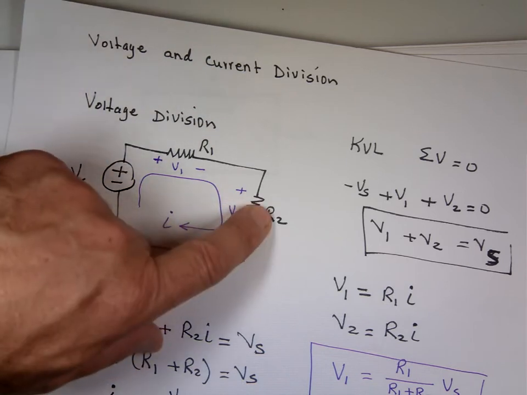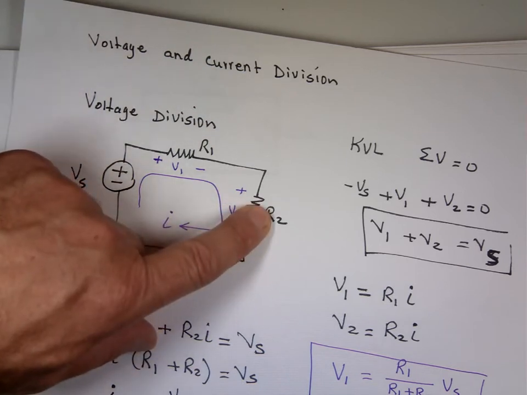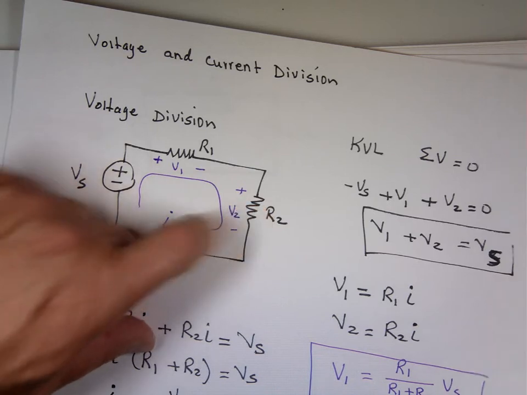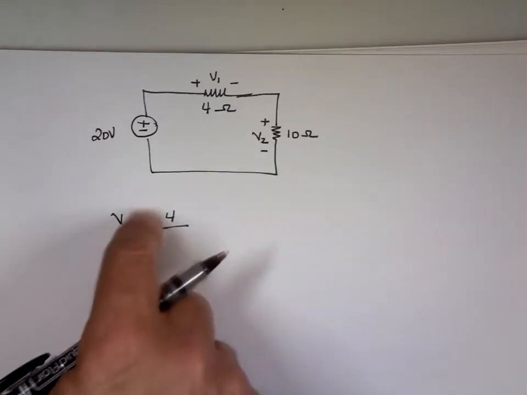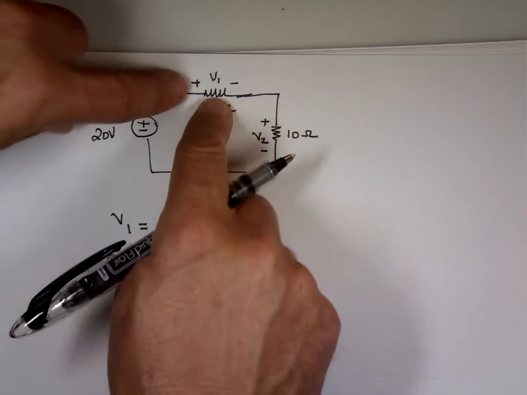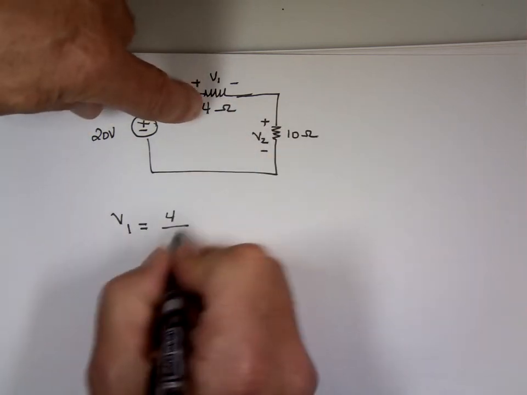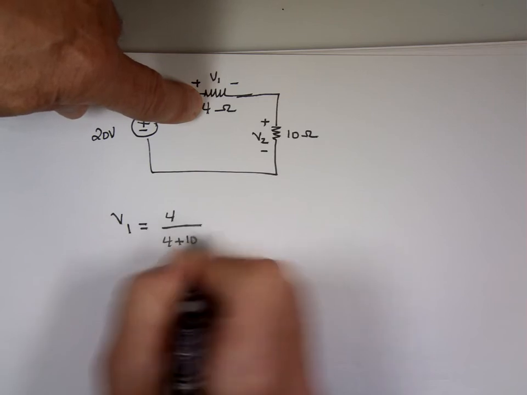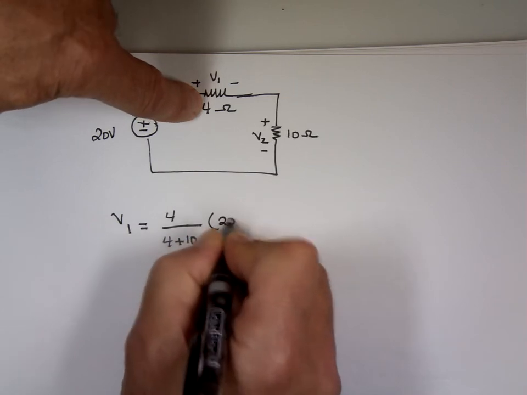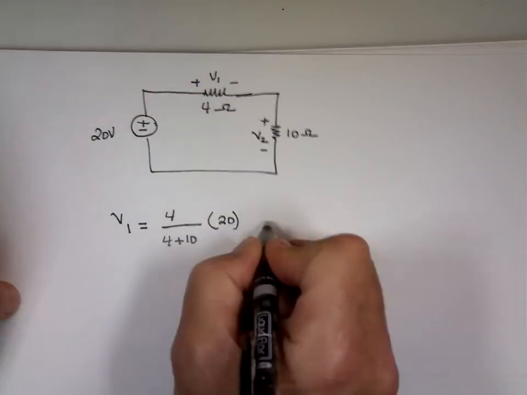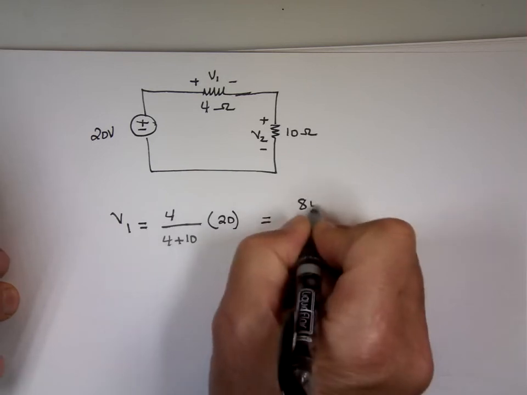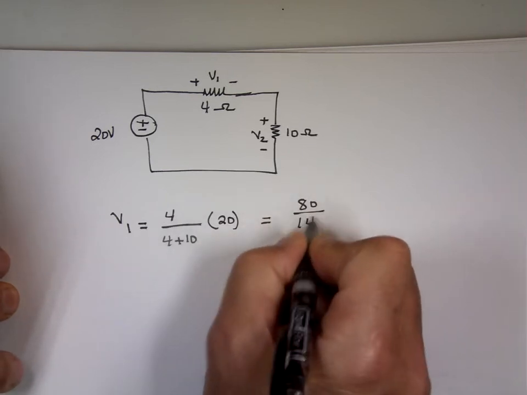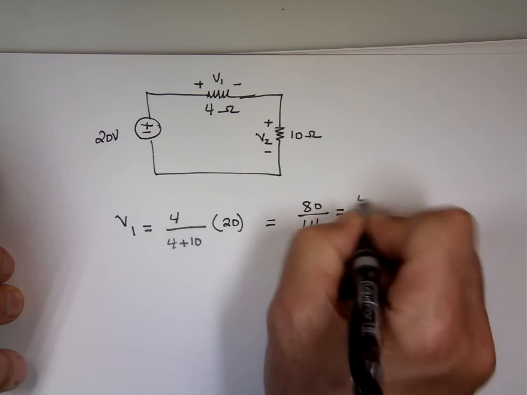R sub 2 on the top, divided by the sum of them. So if I'm looking for V1 here, it's going to be that resistor on the top divided by the sum of them, times the 20, whatever the source is. That's 80 over 14, and that's 40 over 7.